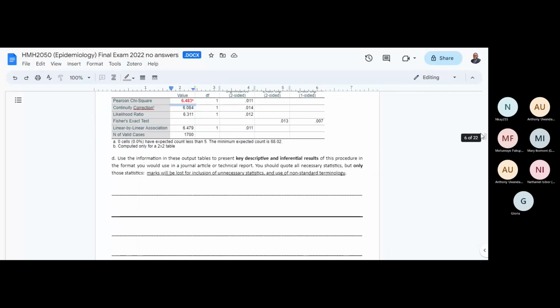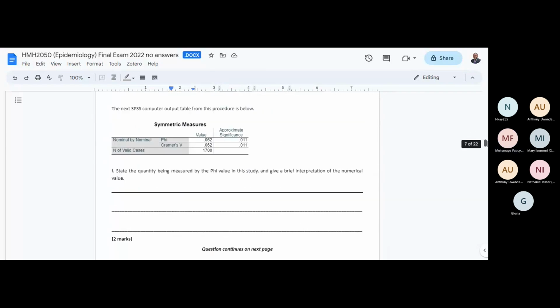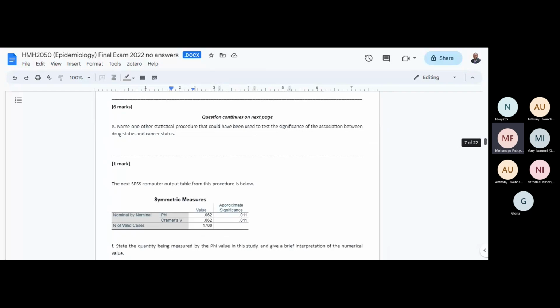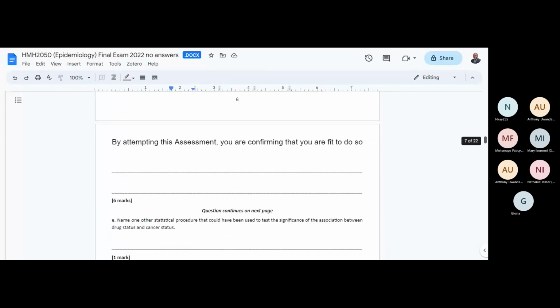Okay, so let's go to the next one. What's this one again? Name one other statistical procedure that could have been used to test the significance of association between drug status and cancer status.